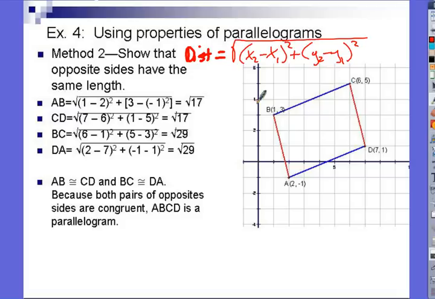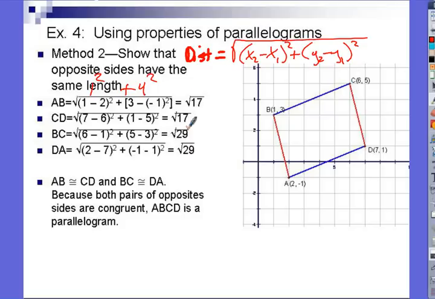1 minus 2 is -1, but when I square a negative, what do I do? Square the positive. So 1 squared is 1. And then 3 minus -1 is 4. 4 squared is 16. So 1 squared plus 4 squared is 1 plus 16, which is 17. Do I need to make it any simpler than that? No. Just leave it as square root of 17.